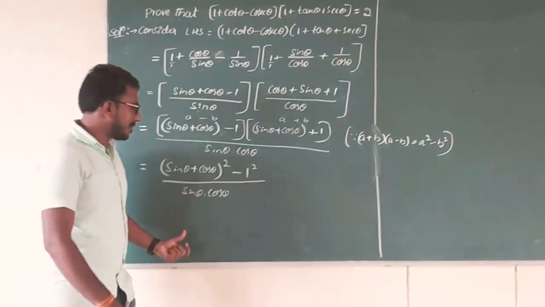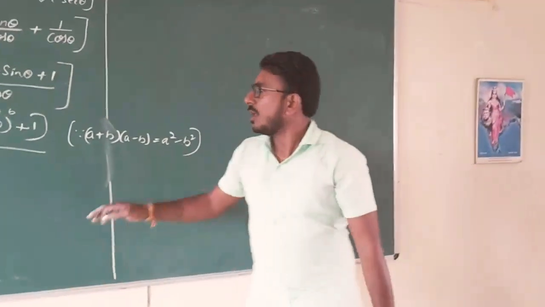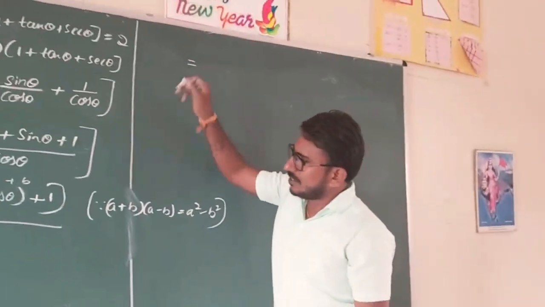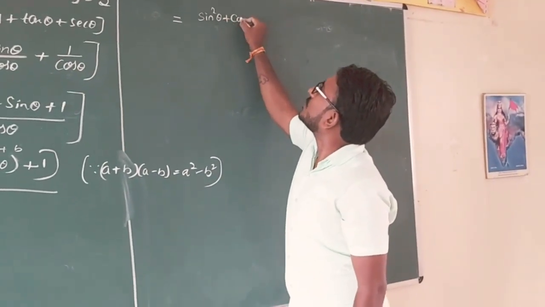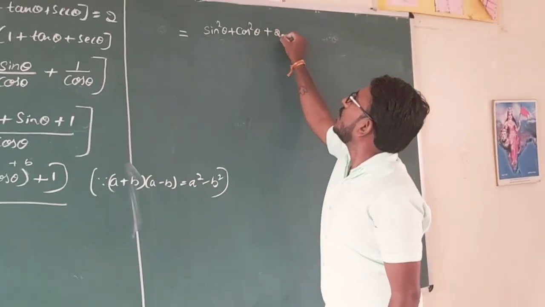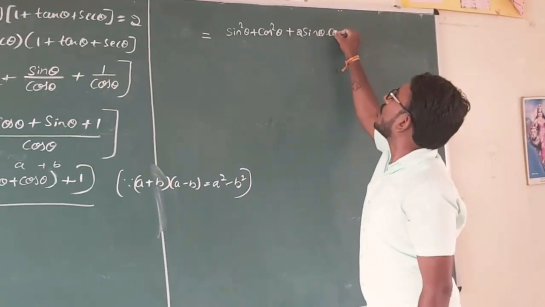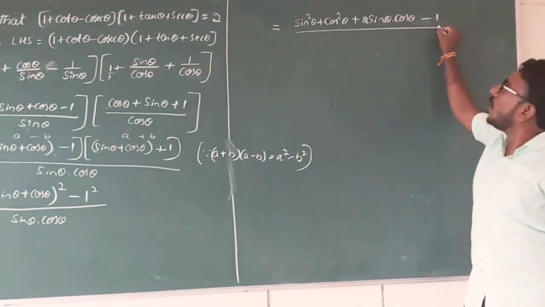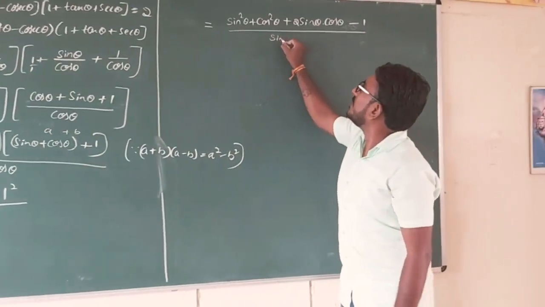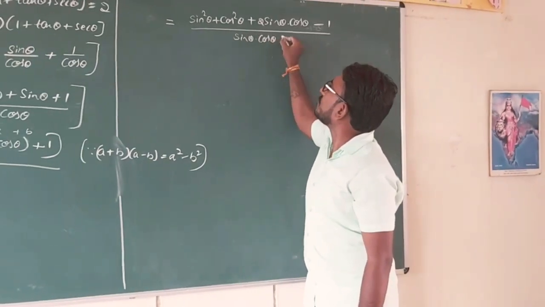So let us expand: sin square theta plus cos square theta plus 2 sin theta into cos theta minus 1 squared, all divided by sin theta into cos theta.